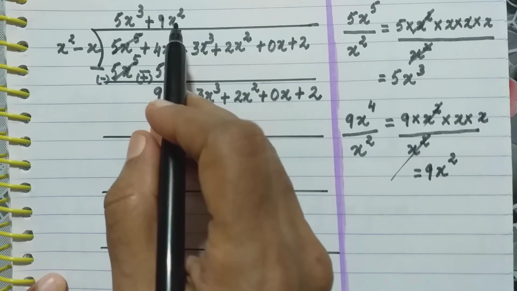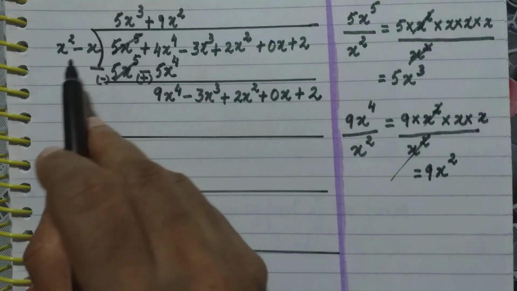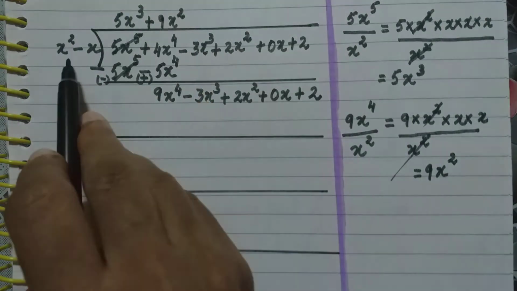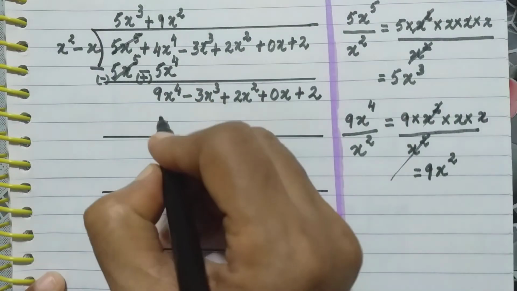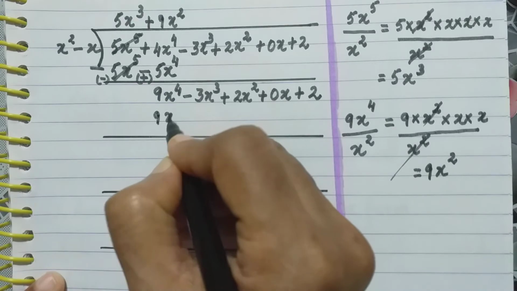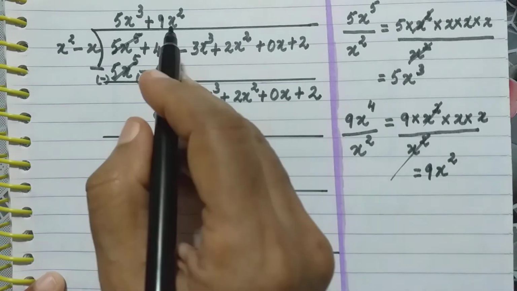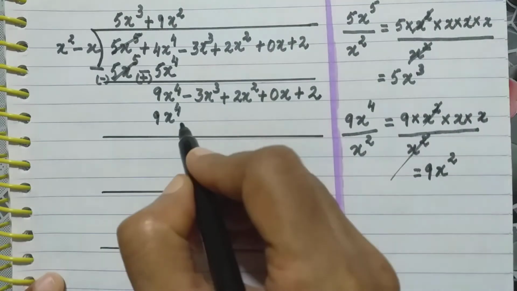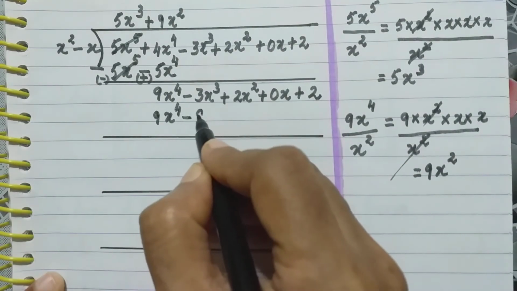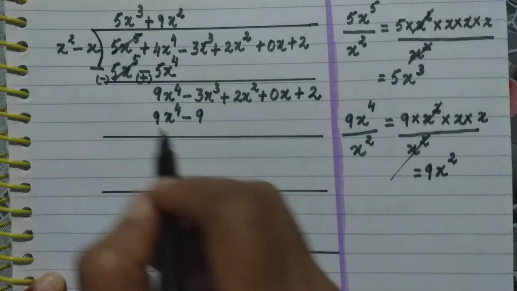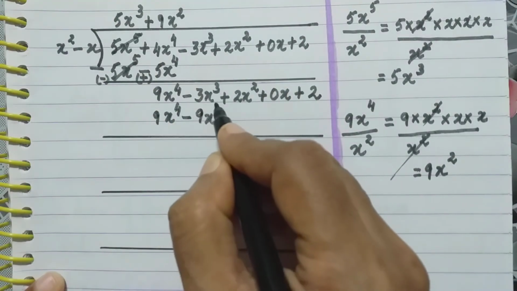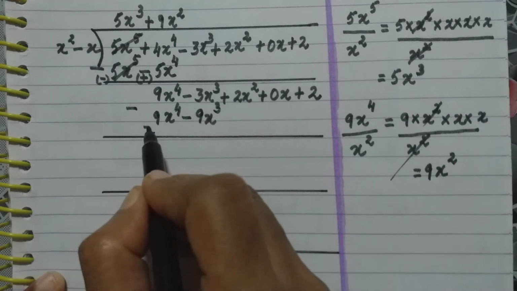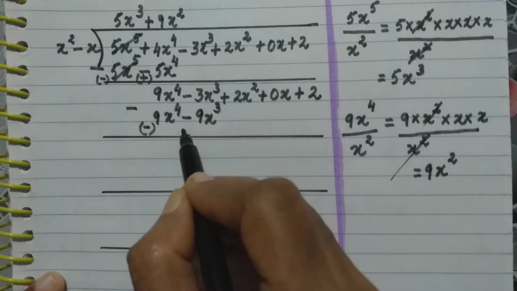Now 9x square we have to multiply with these terms of the divisor. 9x square into x square will be 9x raised to 4. 9x square into minus x will be minus 9 x square into x is x cube. Okay, now we subtract. When we subtract, here the signs change.